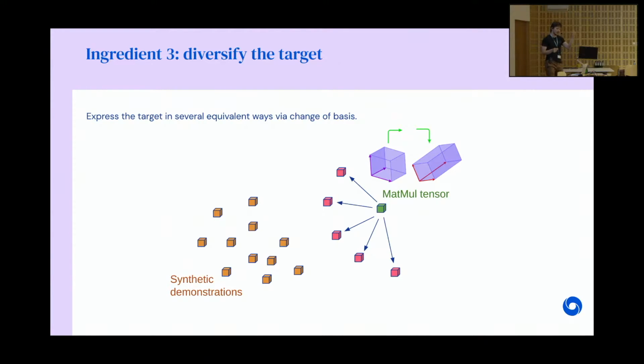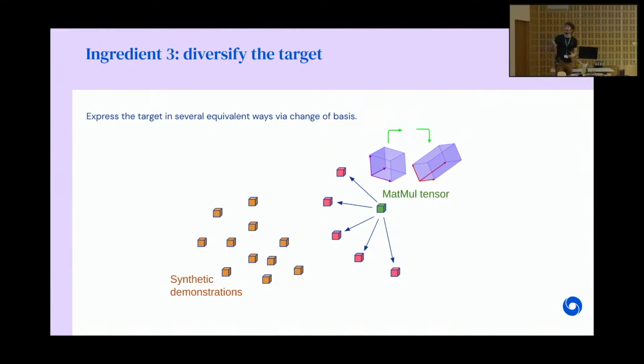If you have a matrix representing a linear operation, you can express that linear operation in any other coordinate system, and that gives you a different matrix which is equivalent to the first one, meaning that it has the same rank, so it can be decomposed into the same number of factors. Same for us. And if you find a decomposition of the matrix multiplication tensor in some other coordinate system, then it's very easy to transform this decomposition back into the canonical basis.